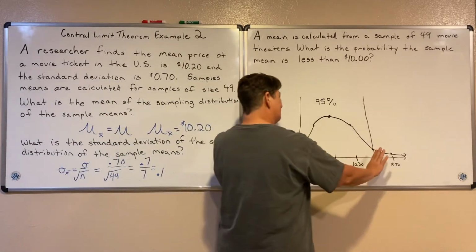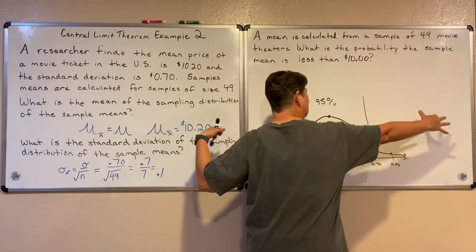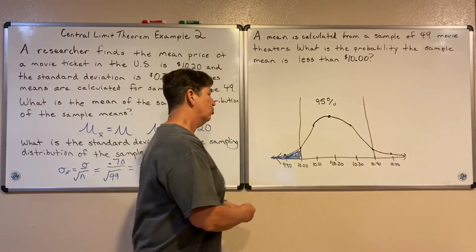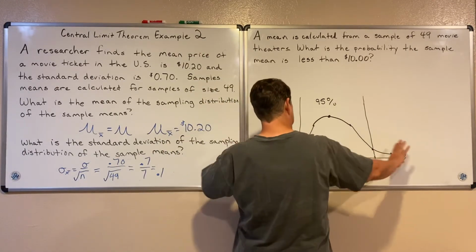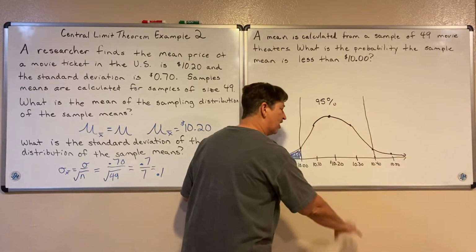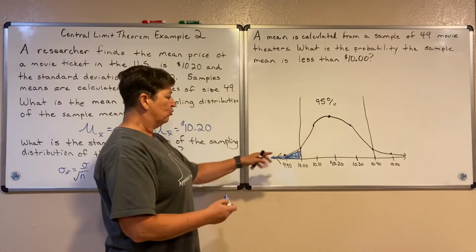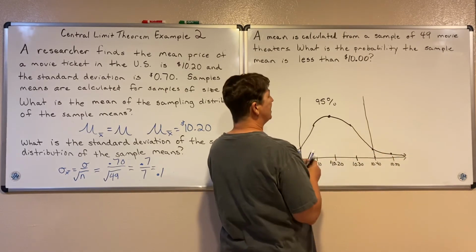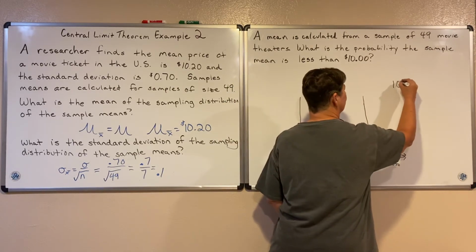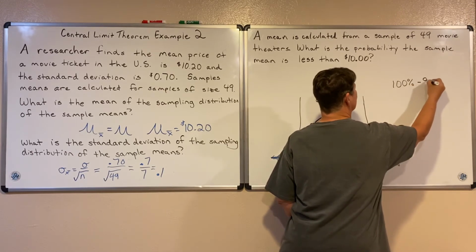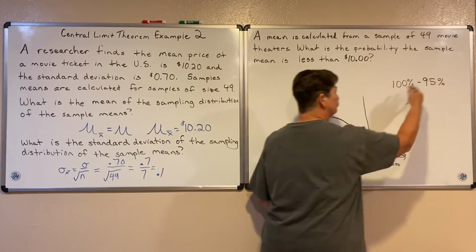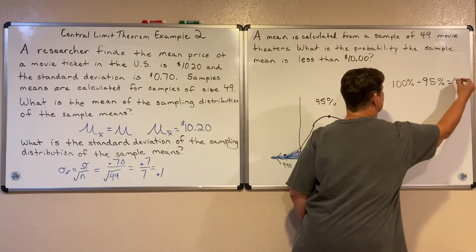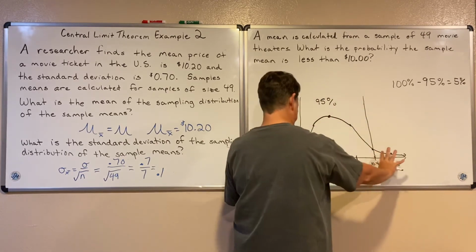Well, that means that since the whole distribution makes up 100% of the area under it, on the outsides, if we subtract off that 95%, then we have 5% on both ends. So I'm taking 100%, the entire distribution, and I'm subtracting off that 2 standard deviations, the empirical rule, to get the 5% on the ends.